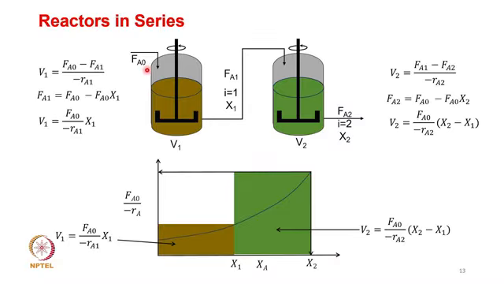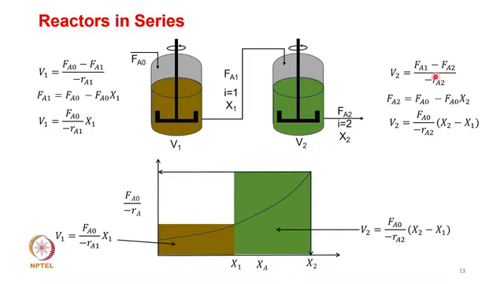V1 is equal to FA0 minus FA1 divided by negative RA1, and what is FA1? As per the relation, FA0 minus FA0 times X1, and you will be able to evaluate V1 as FA0 times X1 divided by negative RA1.